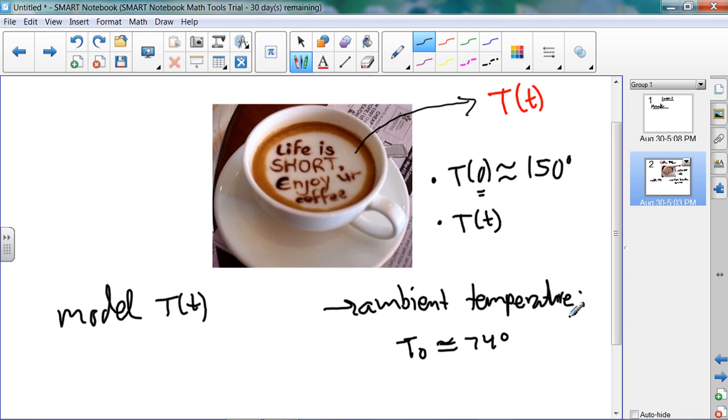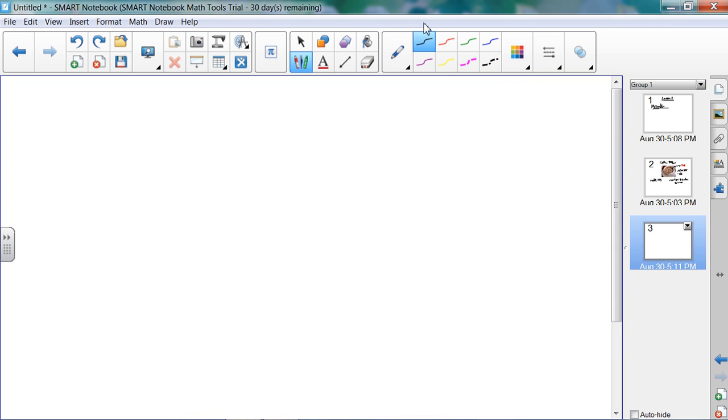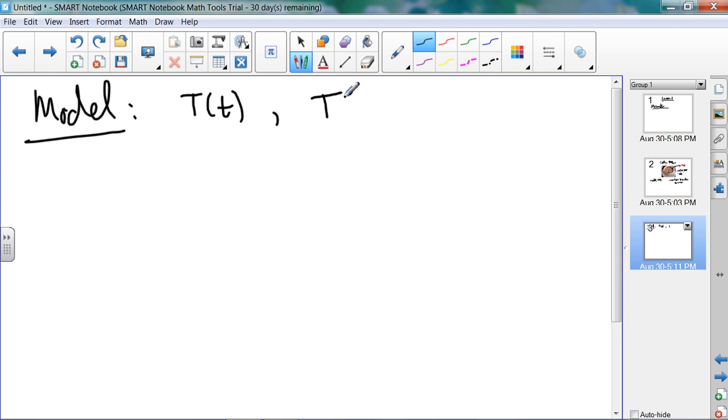So what's one of the things that we can extract from this? So far we have for our coffee problem, simple model. We want to find the temperature T at any time. We know that the initial temperature is 150 degrees Fahrenheit. And we also know that our ambient temperature is 74 degrees.